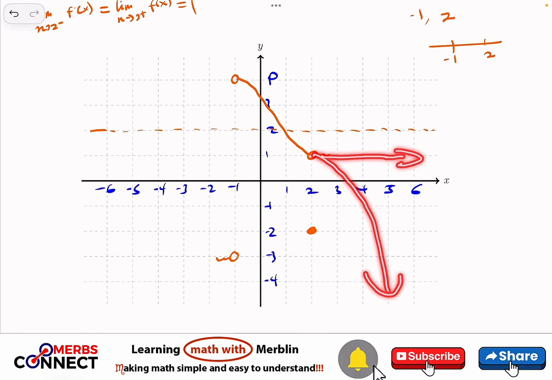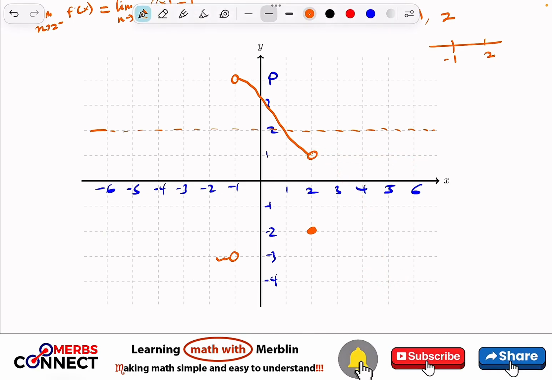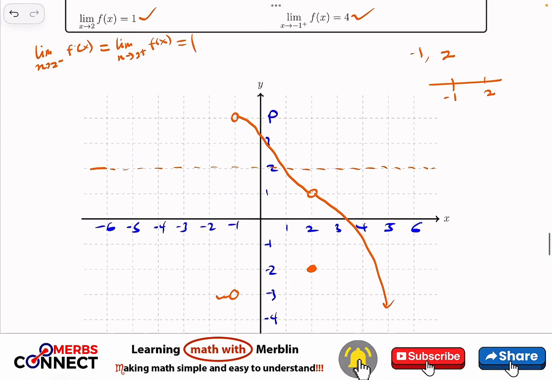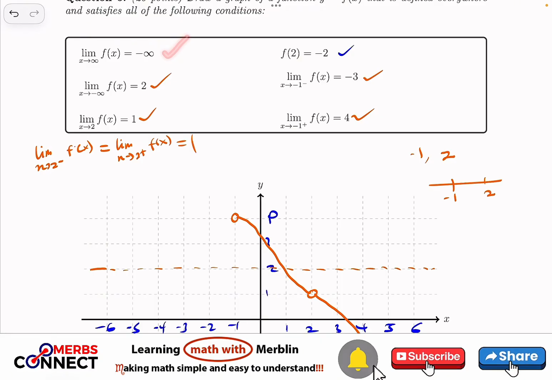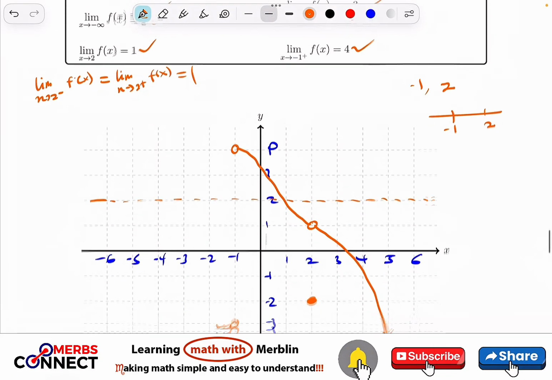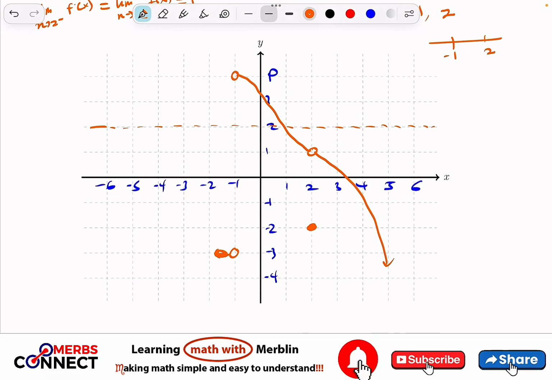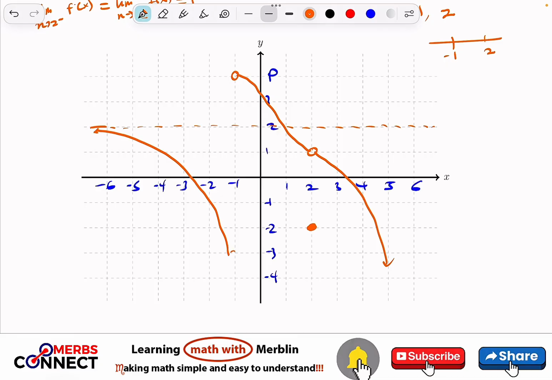So it means that we need to go down, so this is going to give us down like this, right? Then we are done with this one too. We can just make this guy also be moving up like this, good, because it's going to negative infinity. So that's basically how the graph is going to look like, which is very nice.